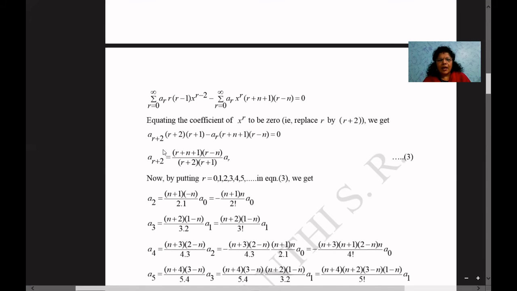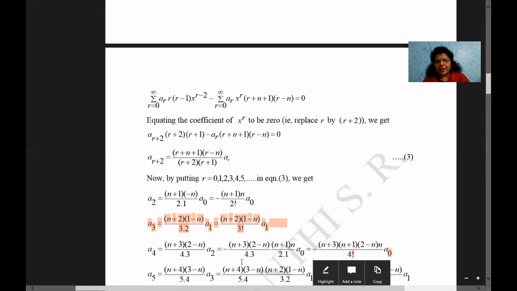A5 is by substituting r is equal to 3. So (3 plus n plus 1), that is n plus 4, (3 minus n), divided by 3 plus 2 is 5, 3 plus 1 is 4, 5 into 4, into, when r is 3, you will be getting A3. Substitute the value of A3 here. What is A3? (n plus 2) into (1 minus n) divided by either 3 factorial, or you can write 3 into 2, into A1.